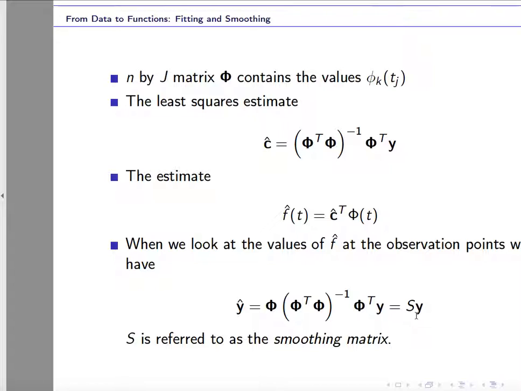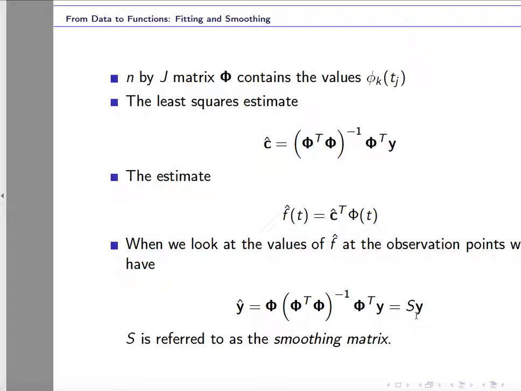Later on, when we include the roughness penalty term, it is hard to determine the number of basis functions, hard to determine the number of effective parameters. In that case, we will just use the trace of S as the number of effective parameters.